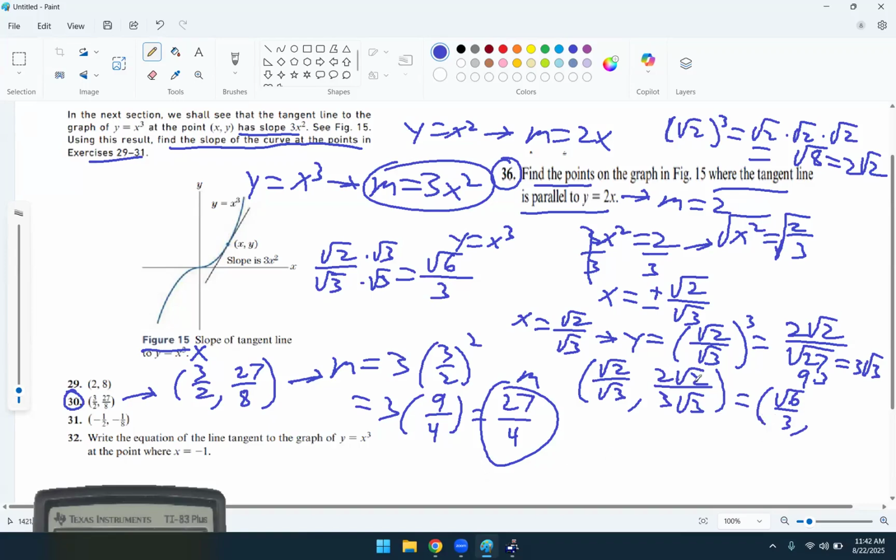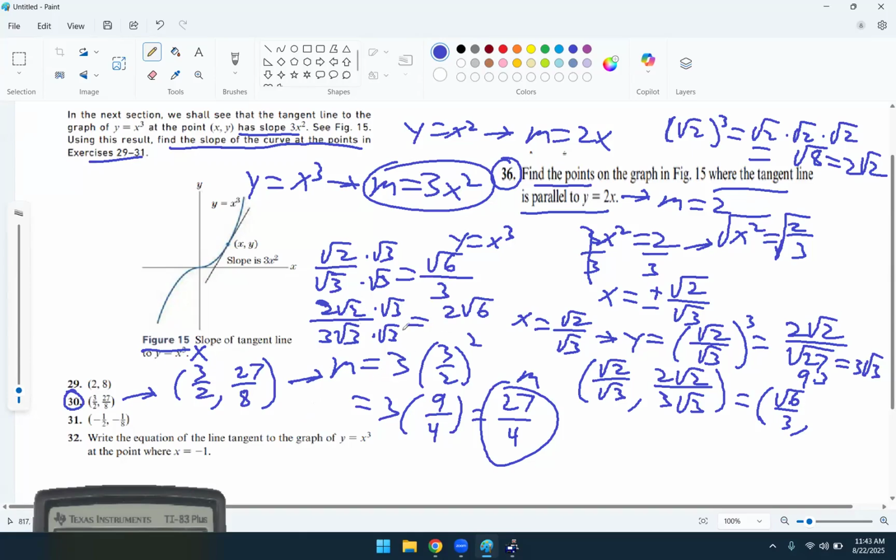What about same thing for the y coordinate? I'll show you the work here. 2 root 2 and 3 root 3, right? Let's multiply by root 3 again. Very similar, right? Top and bottom to get rid of the square root 3 on the bottom. So you're going to get 2 root 6 now, right? Sorry to squeeze all that work on you here. Are you with me on that? Because that's a 2 right there. Sorry about that. 2 and 3, that's going to be 6 on the inside square root.